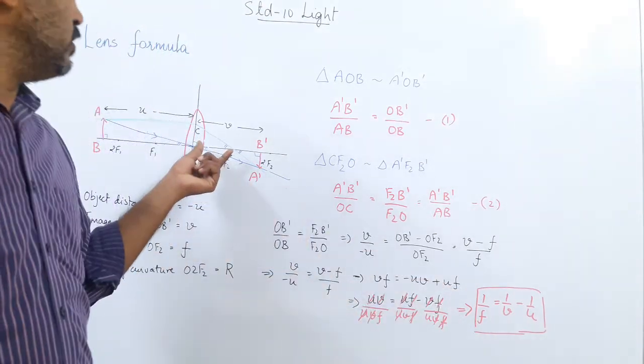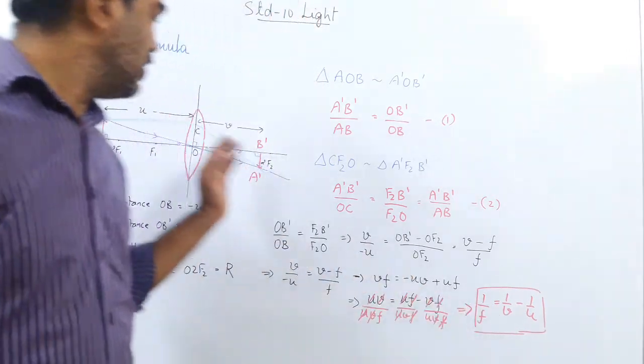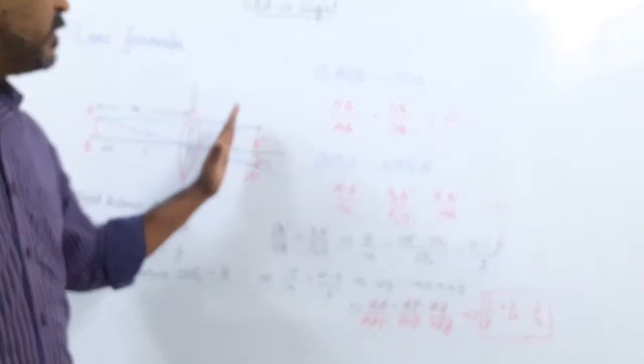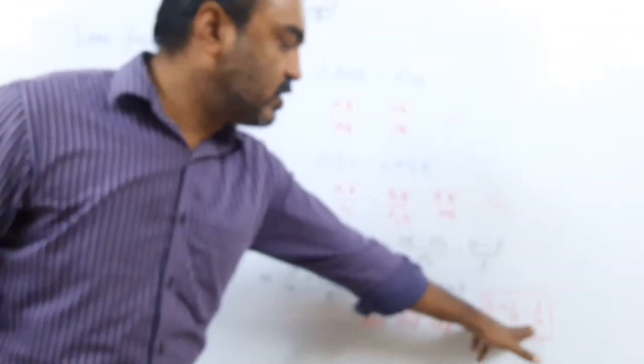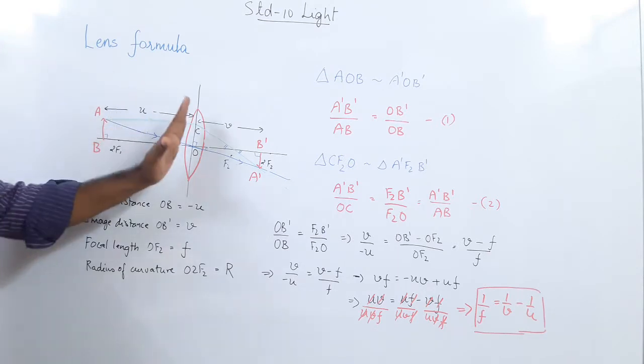It is the focal length of the lens. V is the image distance. If the image is real and inverted, it is on the right side; virtual and erect, on the left side. U is the object distance. U will always remain negative because according to sign convention, we always put the object on the left side. So we have derived the lens formula. I hope you have followed.